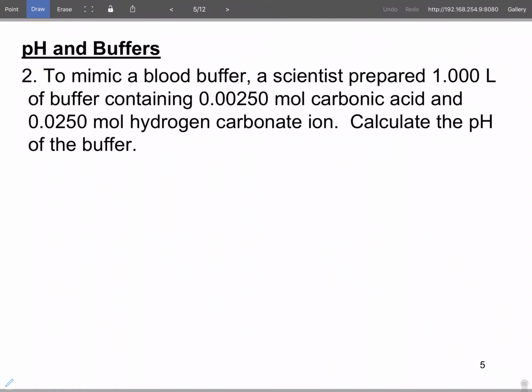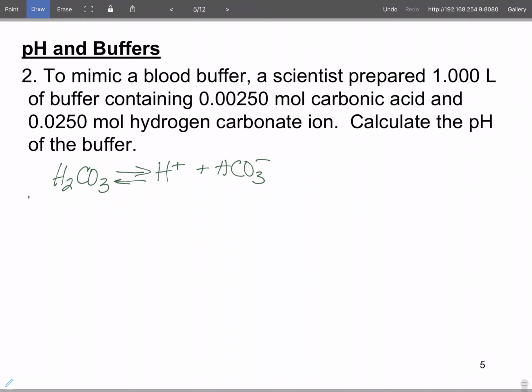One of the buffers, as I said, is a blood buffer. And we're going to prepare a liter of buffer containing 0.025 mole carbonic acid and hydrogen carbonate ion. Okay, so that means carbonic acid is H2CO3 and it's dissociating to H plus and HCO3 minus.